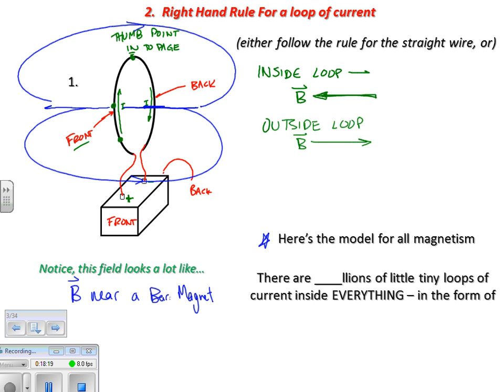All right, loops of current. Well, there are, fill in the blank, I don't know what prefix goes in here, millions, billions, trillions, zillions of these. There are tons of these tiny little loops of current in everything. So what are these tiny little loops of current in everything? Well, they're orbiting electrons.